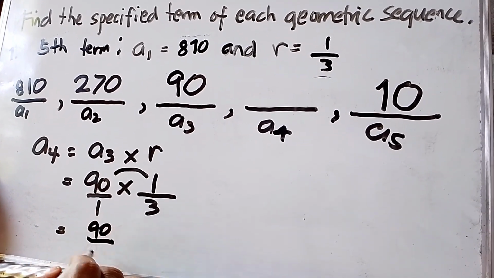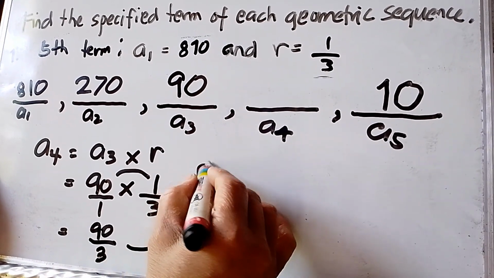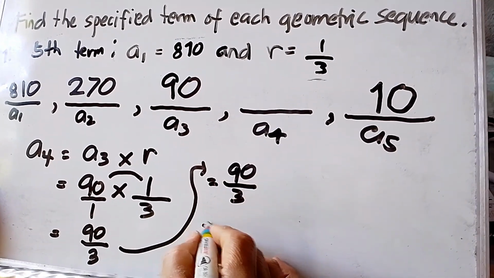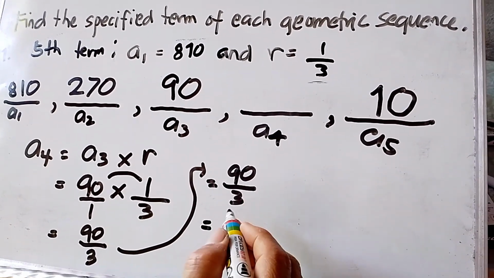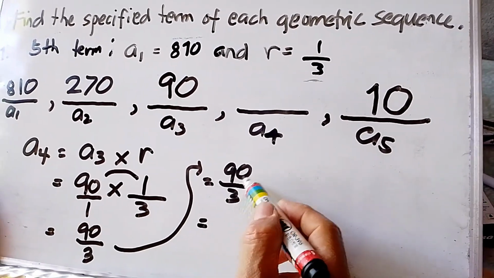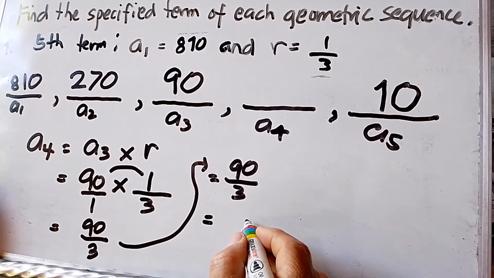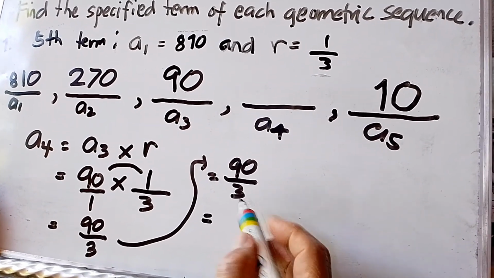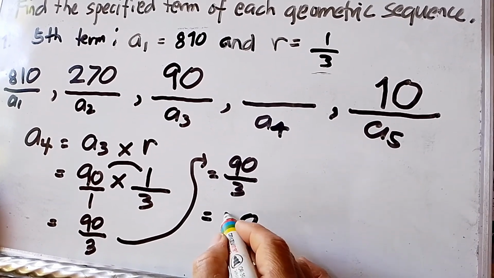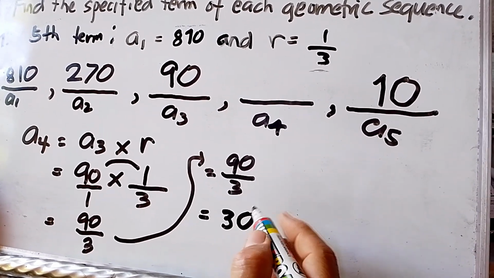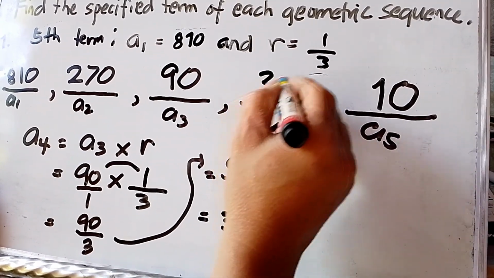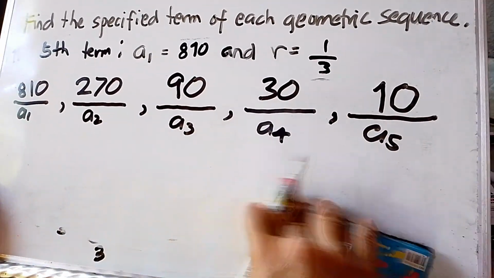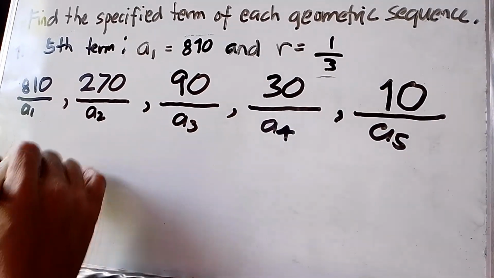And then 1 times 3 is 3. So 90 over 3. I can divide this one by mental math. So 0 divided by 3 is 0. 9 divided by 3 is 3. So my a sub 4 is 30. Now let's check a sub 5 if that's 10.